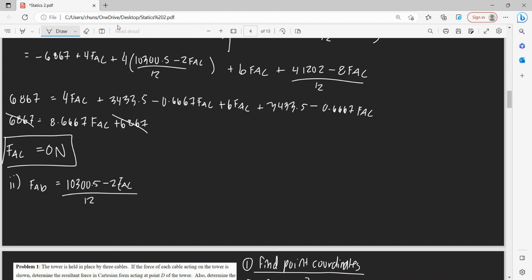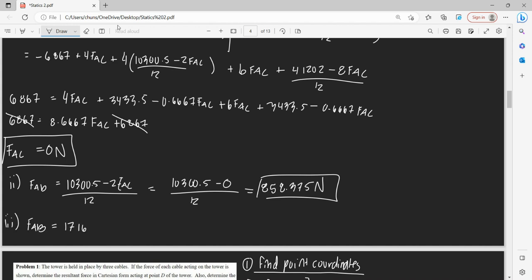So this is just going to equal, we plug in for 0. So 103.5 divided by 12 is 858.375 newtons for FAD.